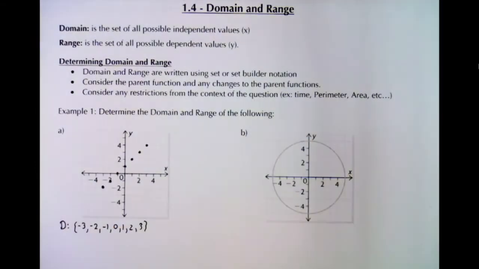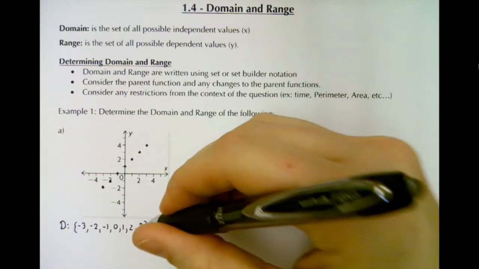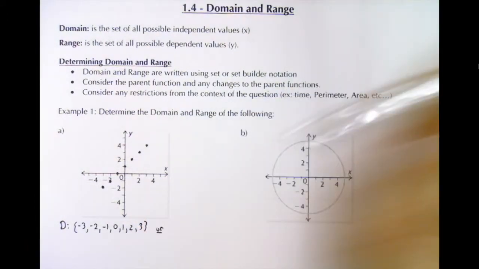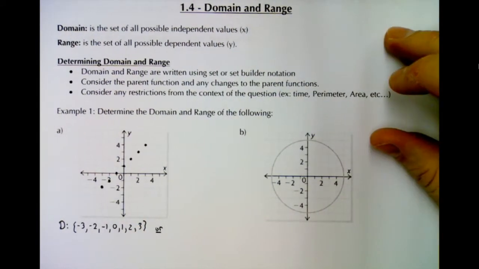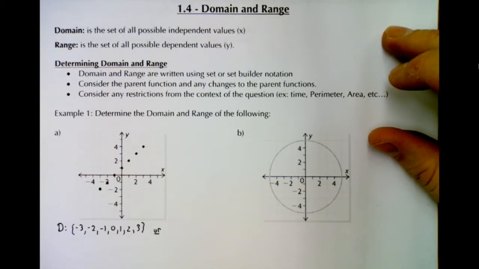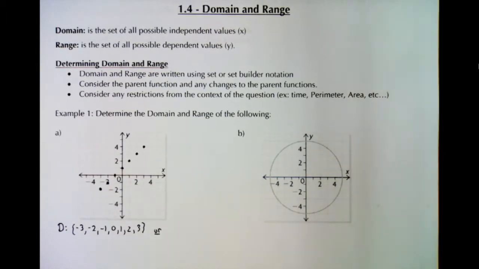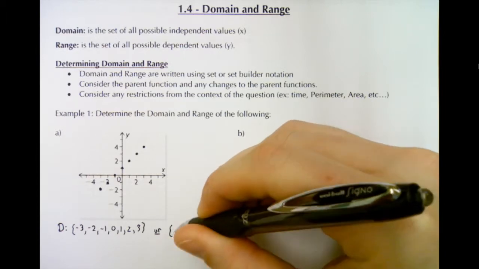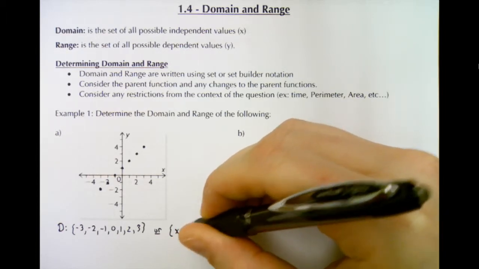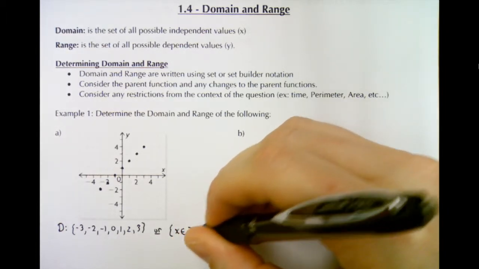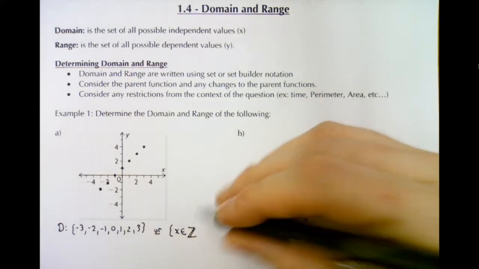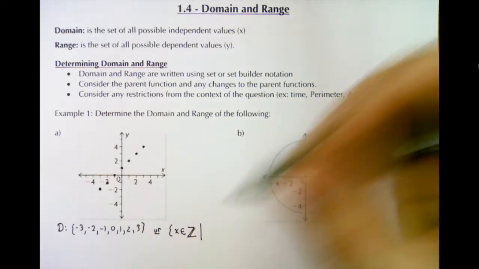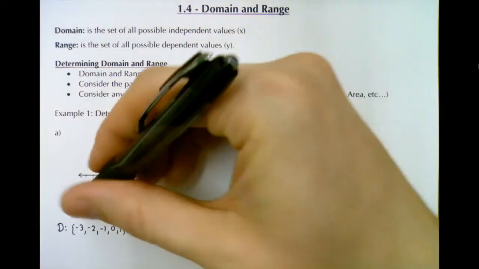And that's a pretty big domain. Or we could say, hey, those are just integers. No decimals, no fractions. They're not real numbers. Well, they are real numbers, but they don't include anything between them. So we go with the smallest set possible, and that's integers. So we could say, let's use set builder notation, and let's say that x belongs to the integers, Z with that funky double line in the middle, such that the smallest x here is -3.